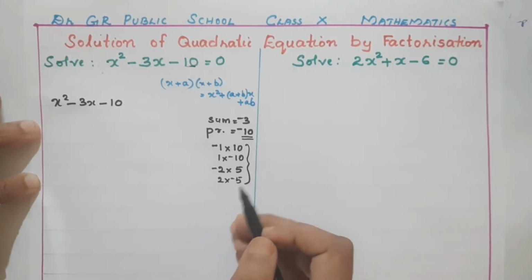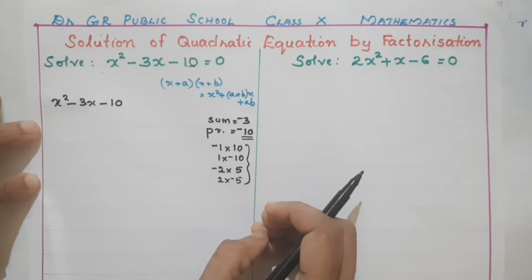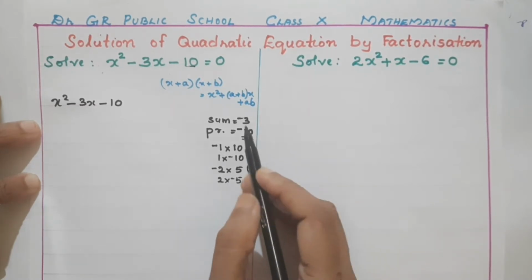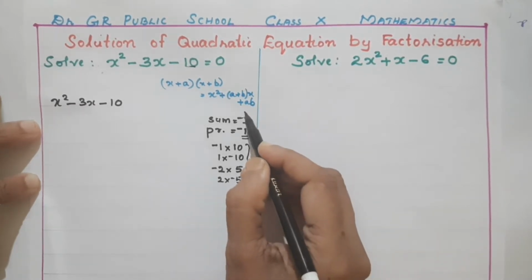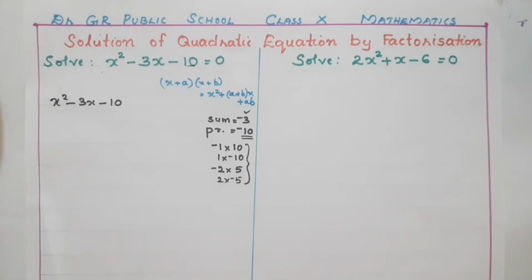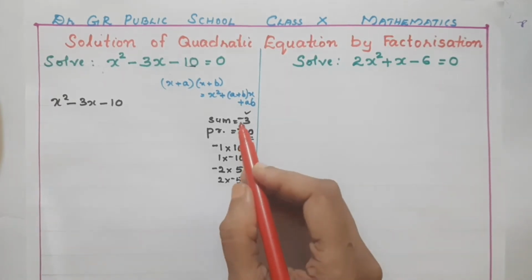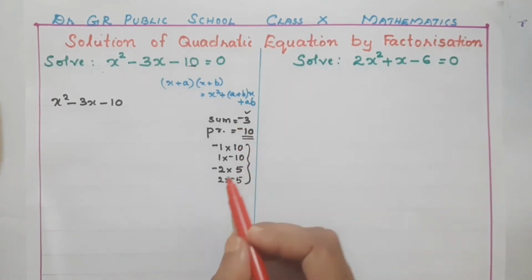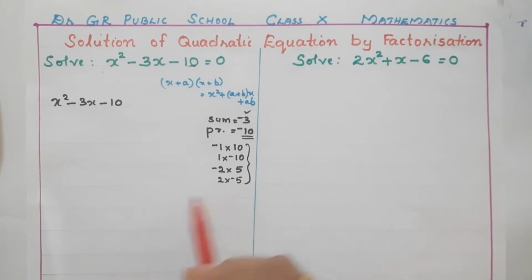Now which one is suitable for us? What is that? We should get the sum as minus 3. So which number sum we will get as minus 3? If the sum is negative, the greater number should be negative.